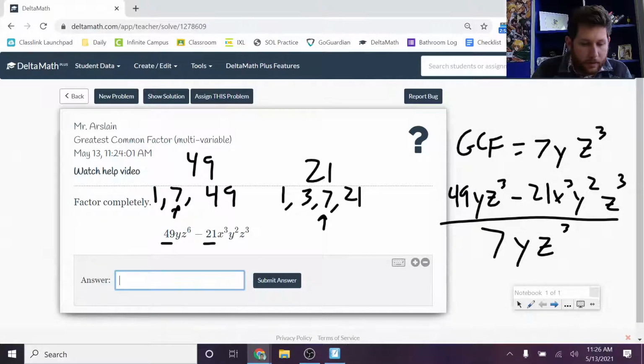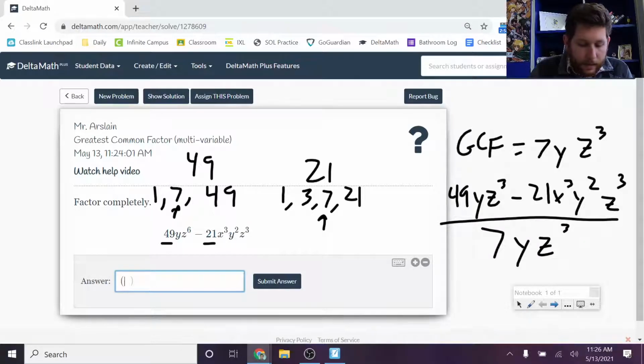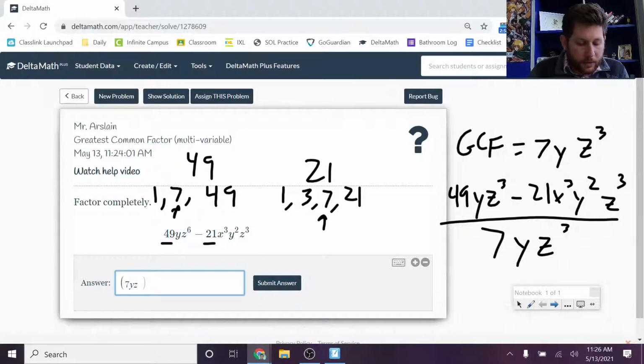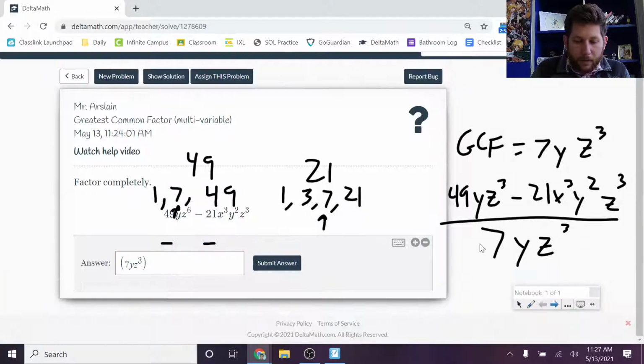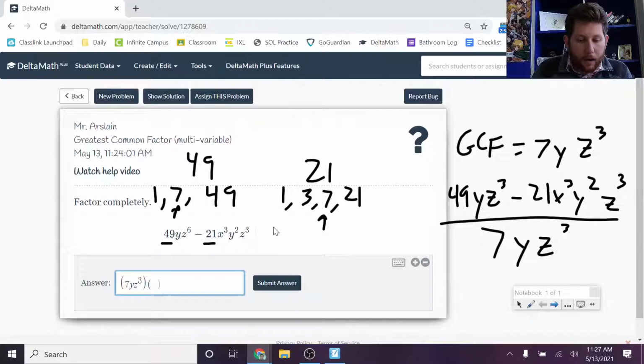So I get 7yz, and you can use shift 6 to get your exponents, z cubed, or you can use your little button right here that will pull up your keyboard. So either one of those works. So 7yz cubed, that's going out in front. Now I'm going to multiply it by whatever remains when I divide it out, okay? Because our final answer should equal our original problem when we are done.